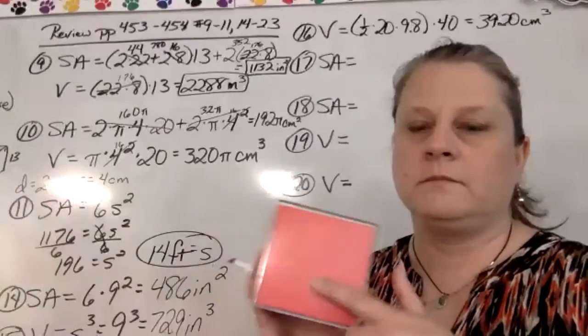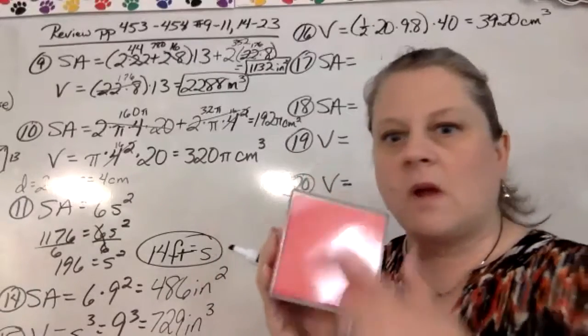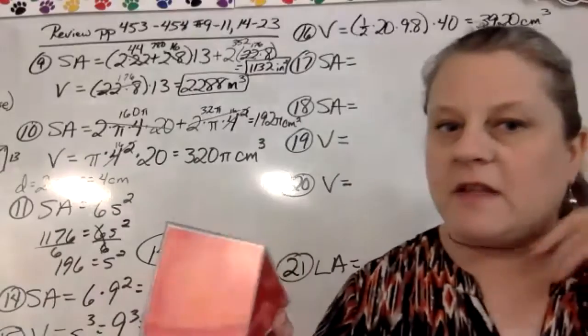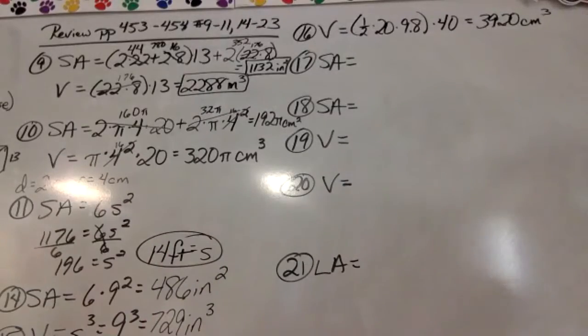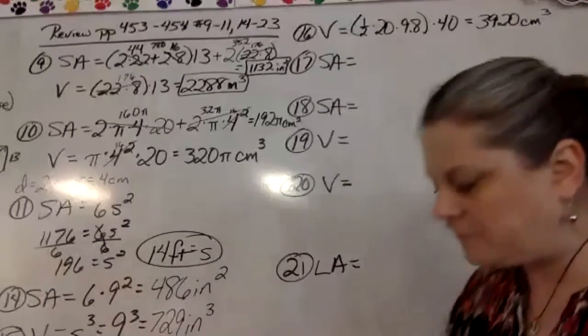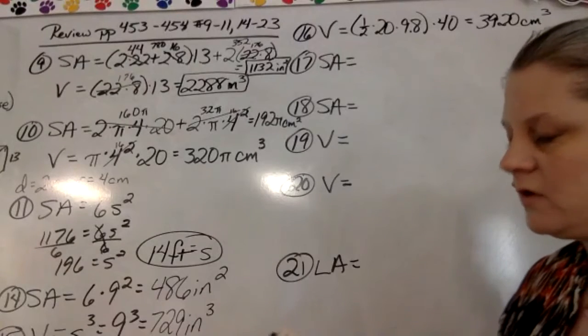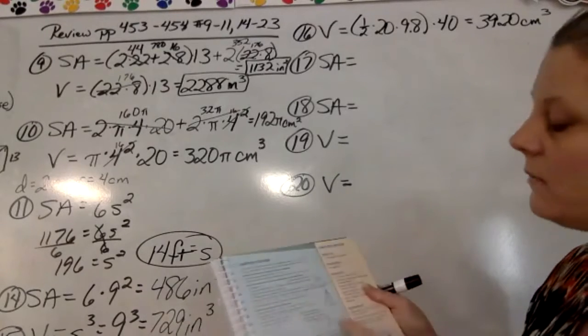A rectangle. So you can find the area of each rectangle, which is your lateral area, and then add the two triangles on the end. Sometimes that's easier than trying to figure out the perimeter of the whole triangle. Or you can do the perimeter of the triangle.